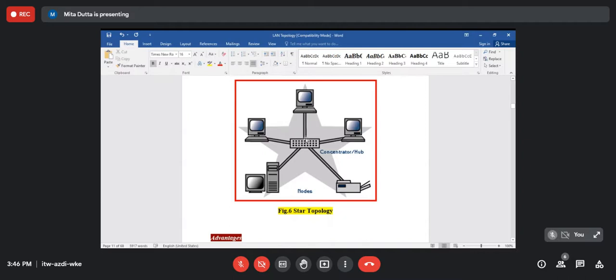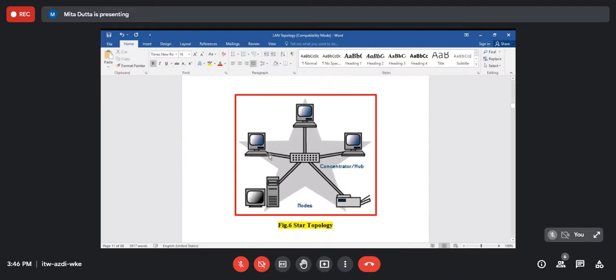And in that case, this is only known as a hub, or we call it a passive hub. But if the signal is amplified, and then it is sent through to the workstations, then it is known as an active hub. And if it is an intelligent hub, then the transmission will not be broadcast in nature.